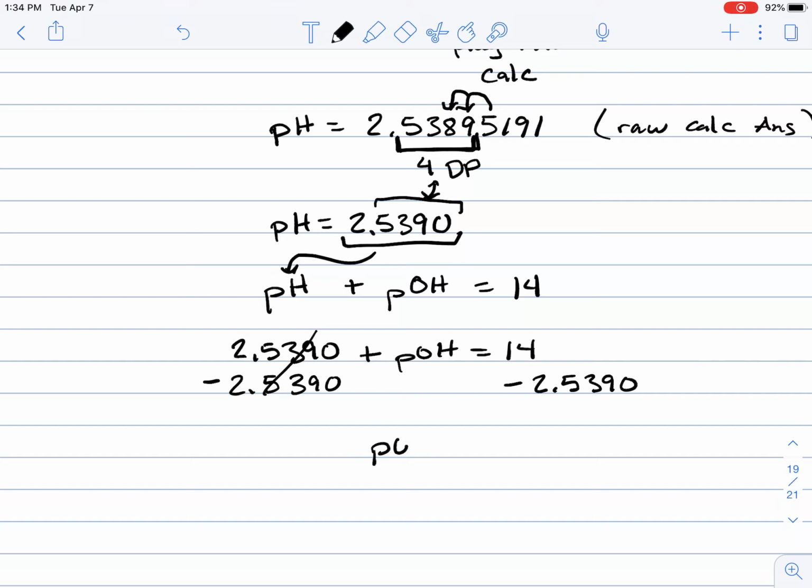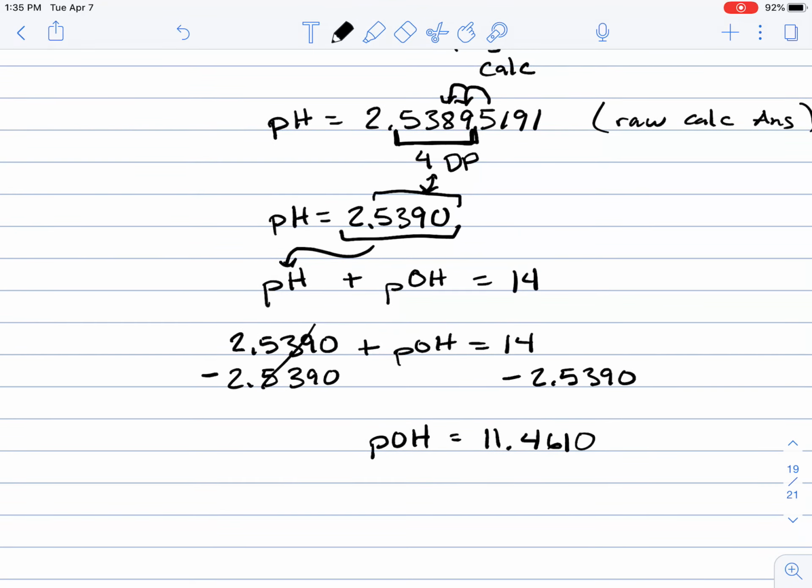And so the pOH is going to equal 11.4610. Since there are 4 decimal places when we plugged in the pH, there also need to be 4 decimal places to represent the pOH. Okay.